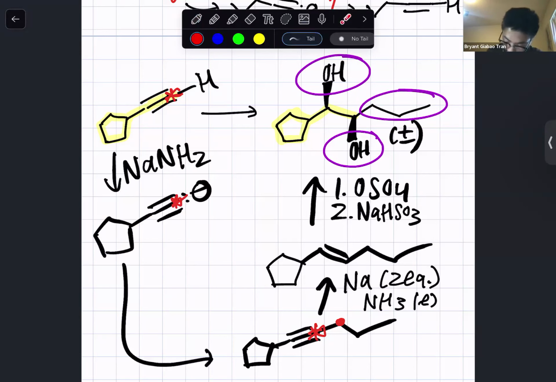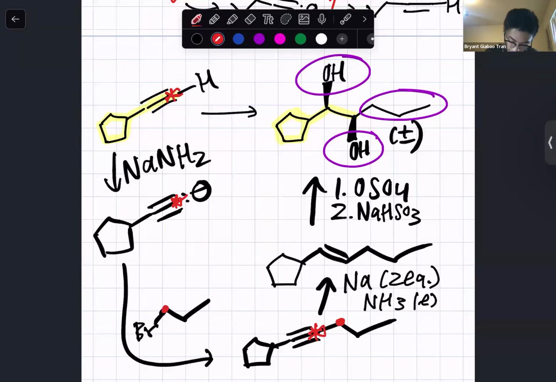We want to add this R group here, where we want this dotted carbon to be positively charged. To make that dotted carbon positively charged, we have to attach it to an electronegative atom that is also a good leaving group. We could attach that to bromine, chlorine, iodine, OMs, OTs, OTf, any good leaving group, right?